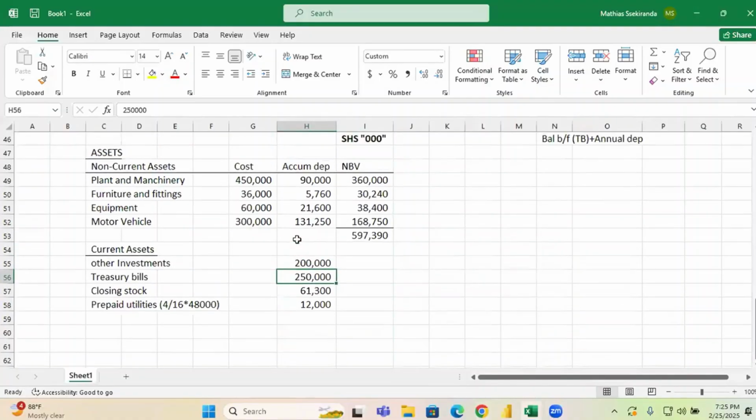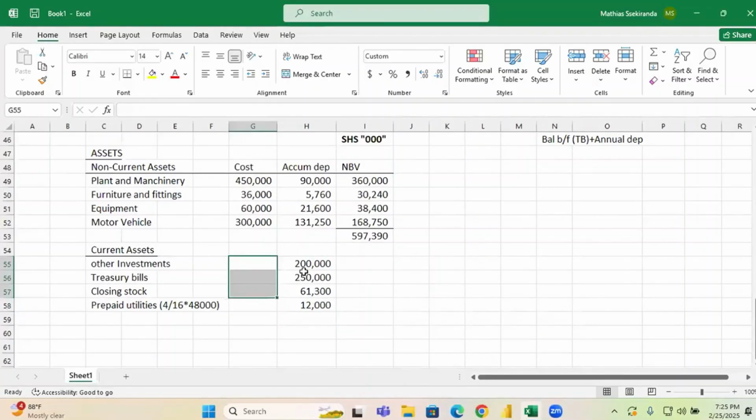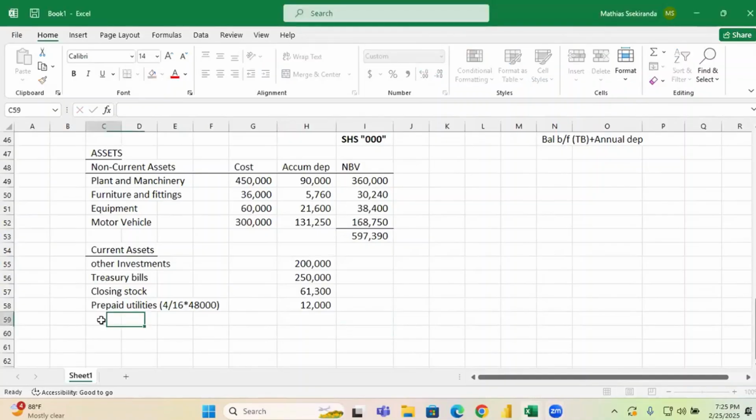I can either insert it in this column or this column, but I prefer this column that is near to the column where I'll put the total, so that the total current assets are in line with total non-current assets to be able to get the total assets. Hope you've understood.